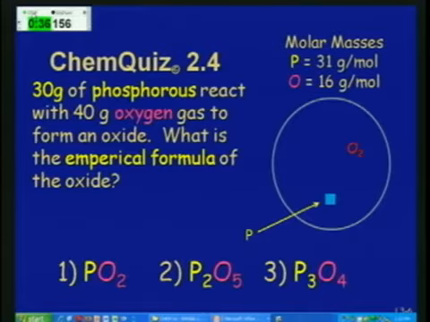You can do this in your head, actually. The smallest whole number ratio is the empirical formula.